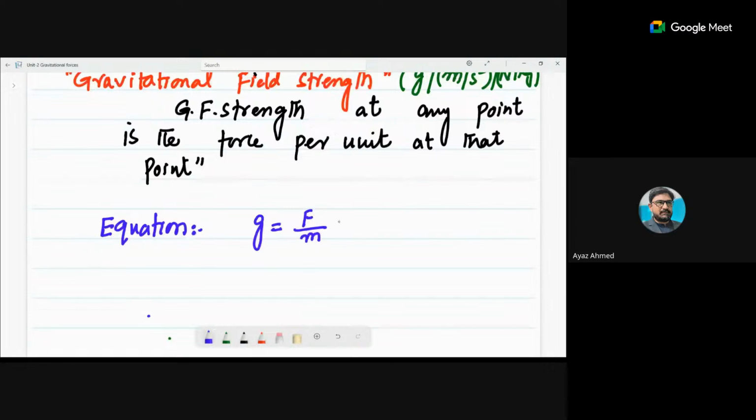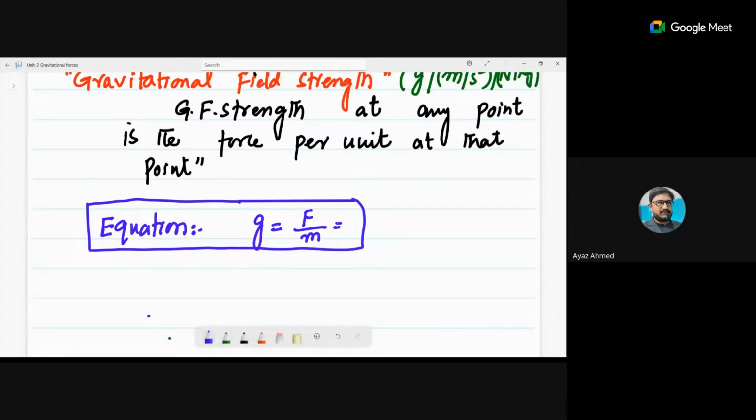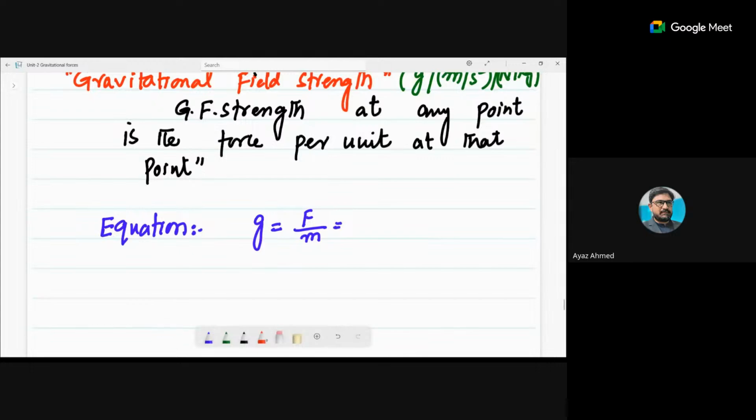When we talk about the extended equation, due to the force by which it is obtained, I will talk about something else. But right here, I will make the unit from this one, so its unit is Newton per kg.